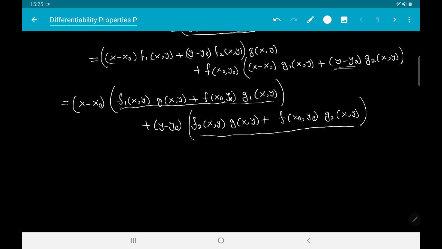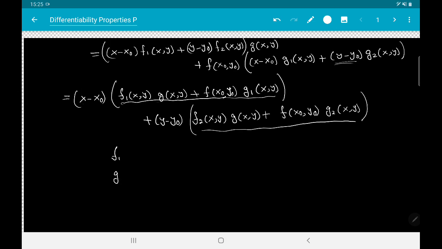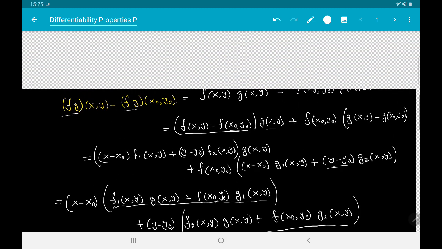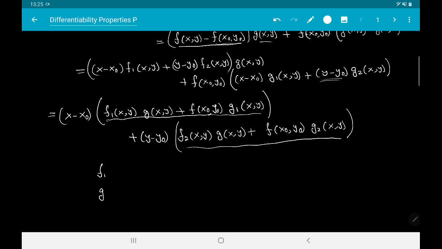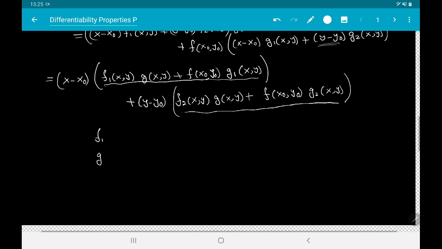But you see that f1 is continuous at the point x0 y0. G was a function that we initially started with. It is differentiable, so g is also continuous. We have seen using the increment lemma that a differentiable function is continuous.